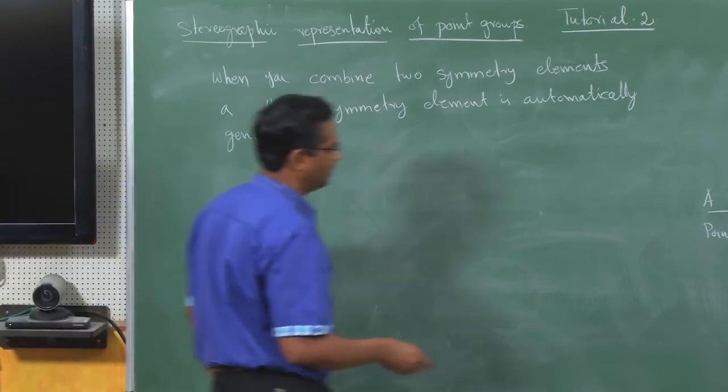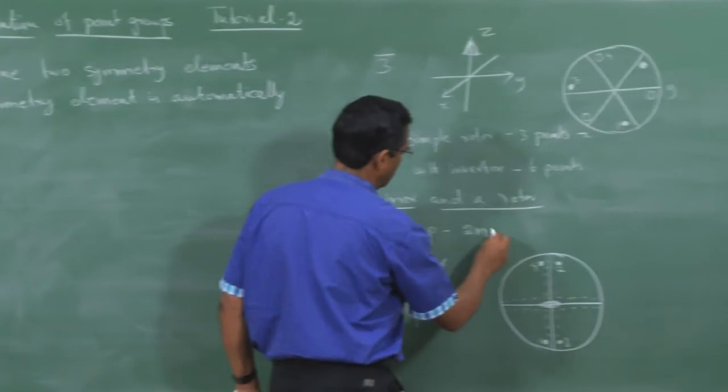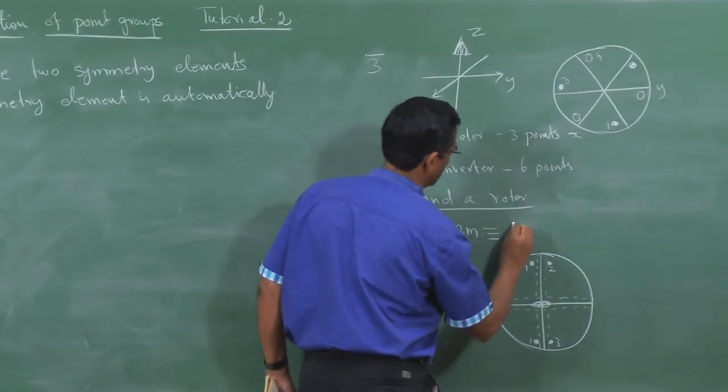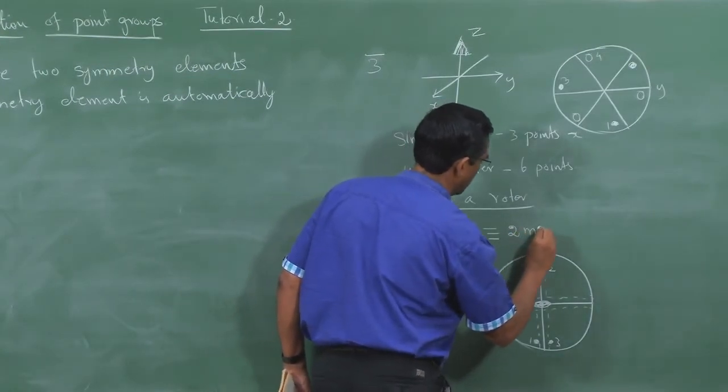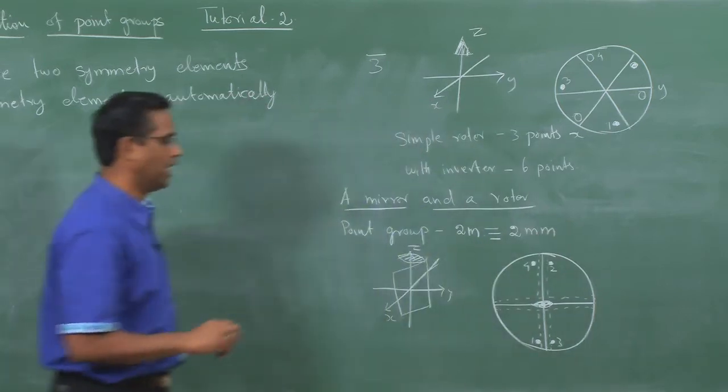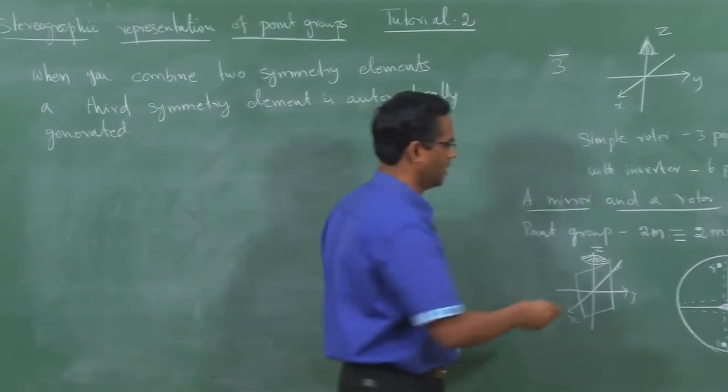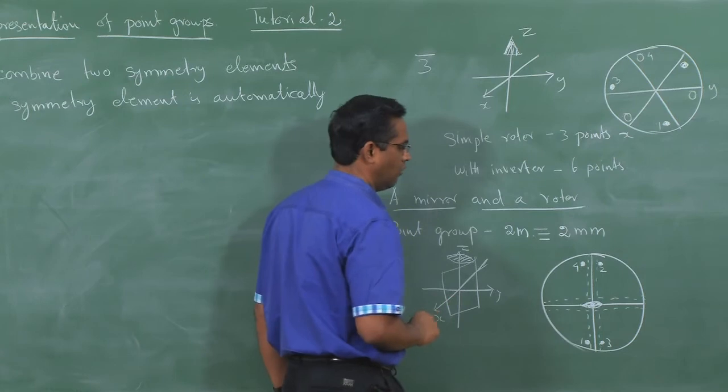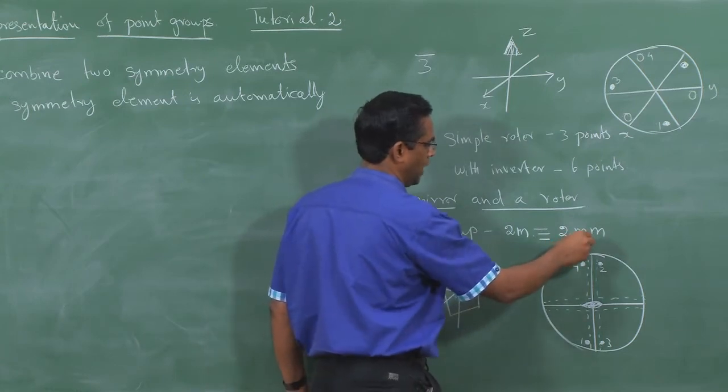So, that is why it could also be called 2mm. We are trying only 2m, but it produces equivalent positions like 2mm.